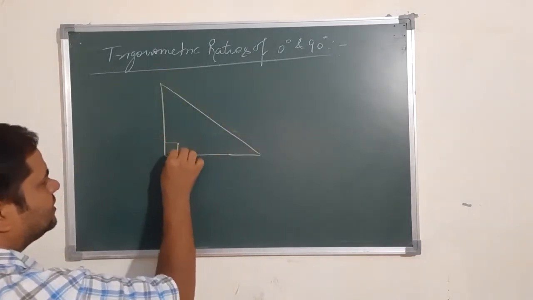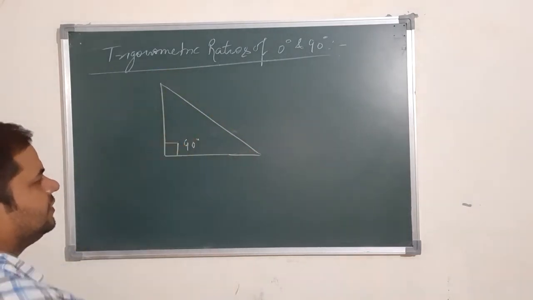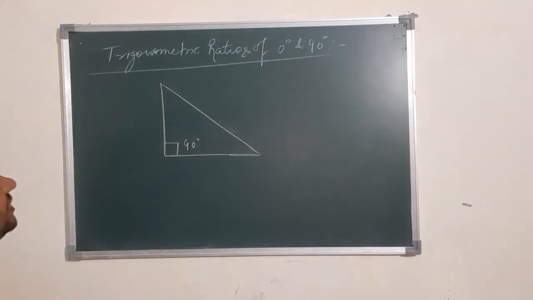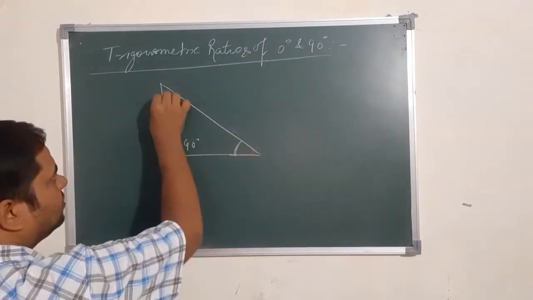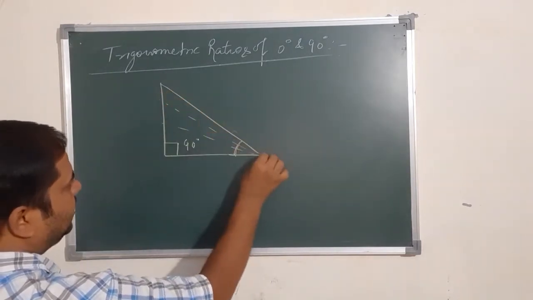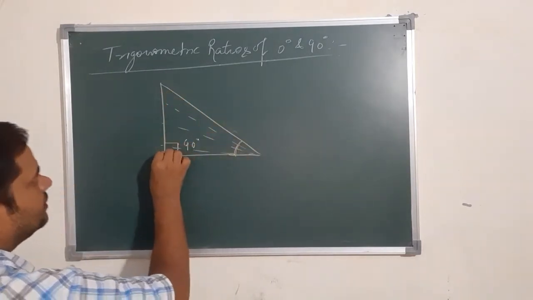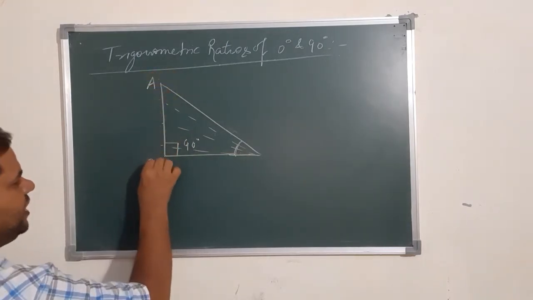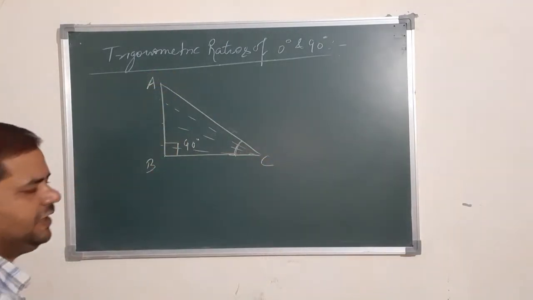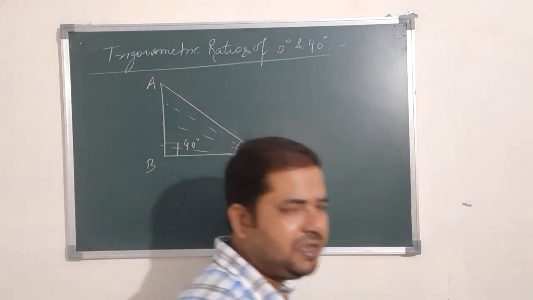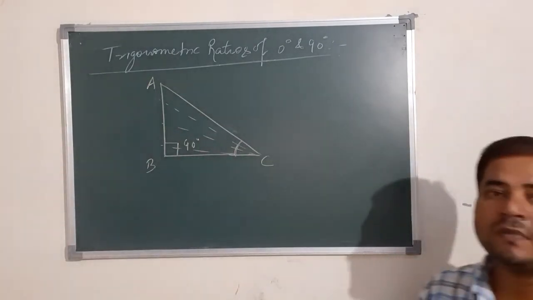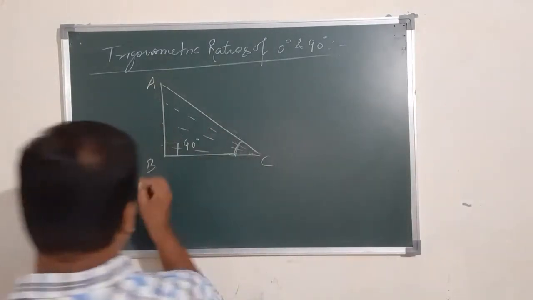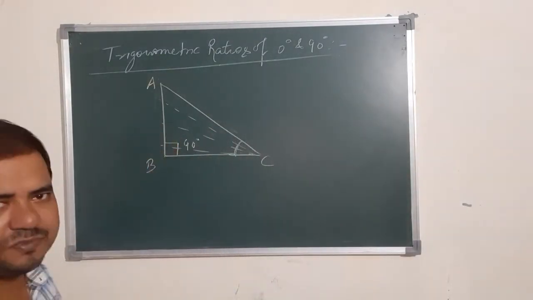if one angle is 90 degree and the other angle is 0 degree, then for this angle being 0, this line should coincide with this point. A should be at B. For 0 degree, A should be at B. So this particular side is negligible, 0.